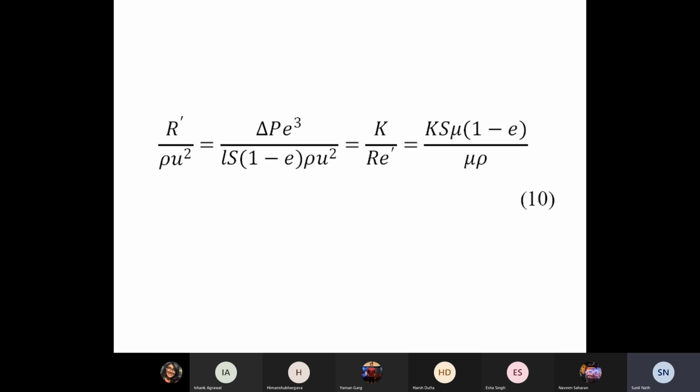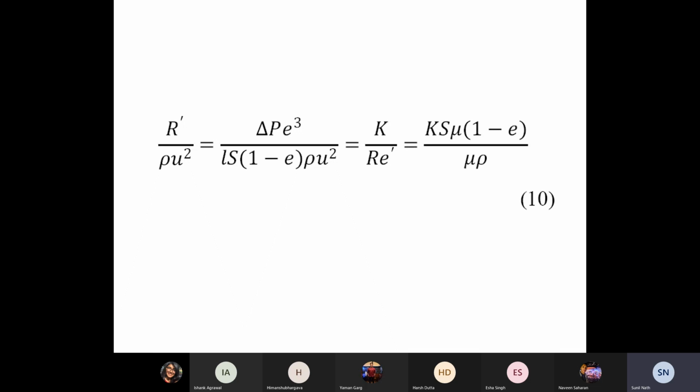It's not the superficial velocity, it's the average velocity in the voids themselves. So R prime upon rho u squared is nothing but delta P e cubed upon L S 1 minus e rho u squared.